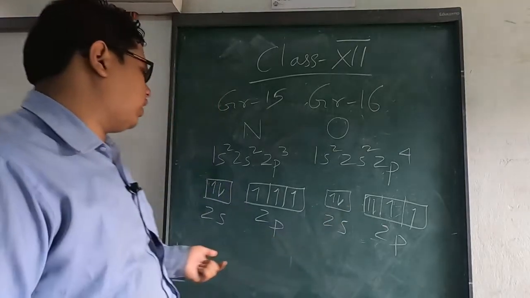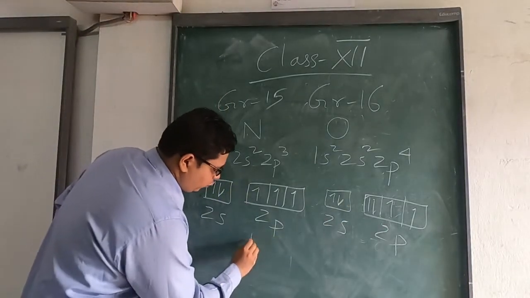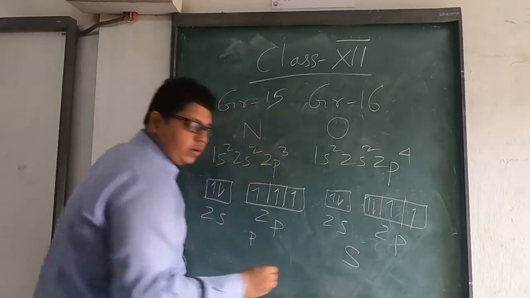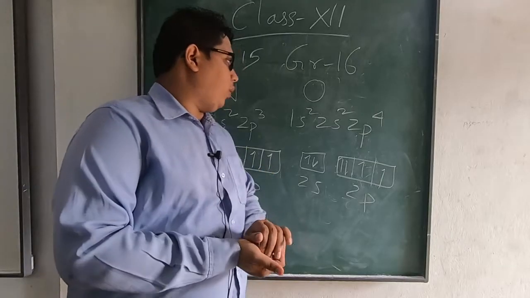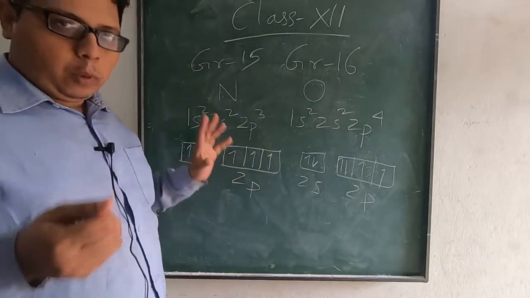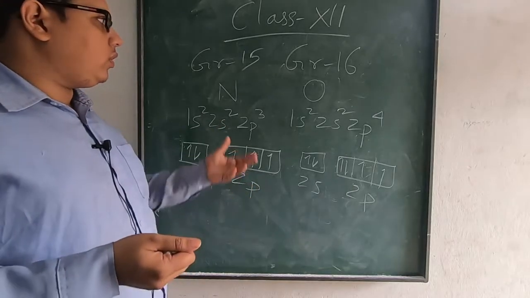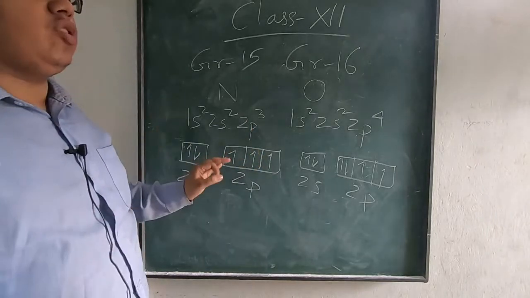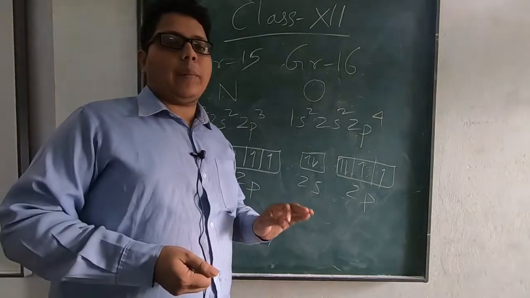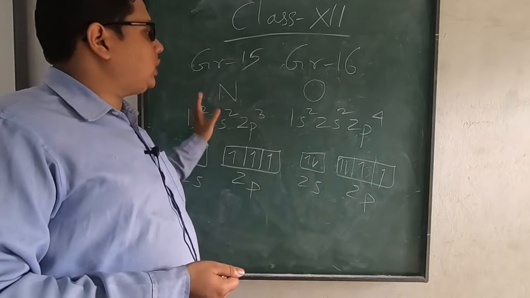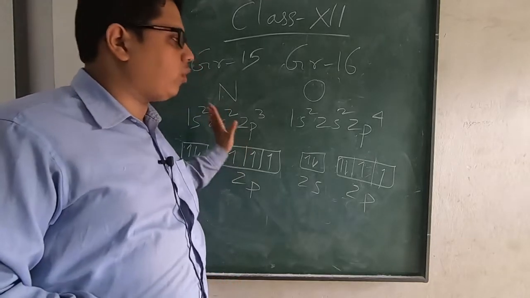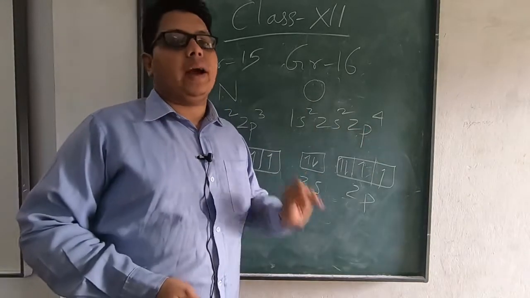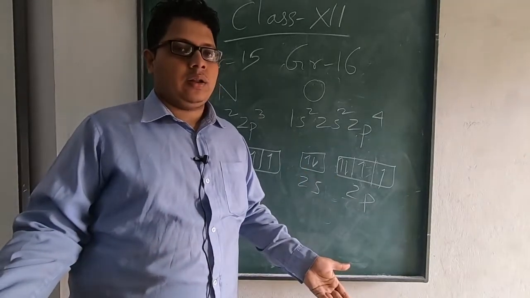Same would be the case if I compare, say, phosphorus and sulfur. So let us talk about this ionization potential and the difference in group 15 and group 16. As we know, in general, ionization enthalpy increases from left to right across a period.